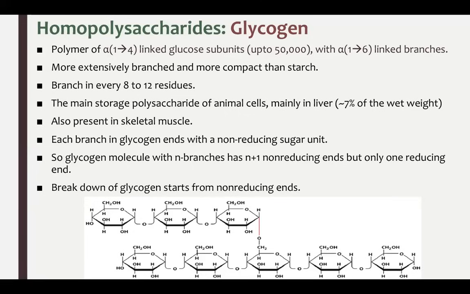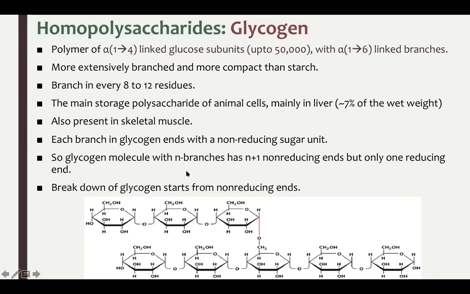If the glycogen molecule contains n branches, then it has n plus 1 non-reducing ends, but only one reducing end. So you have to find out which one is the reducing end and how the reducing and non-reducing ends are calculated. Okay.